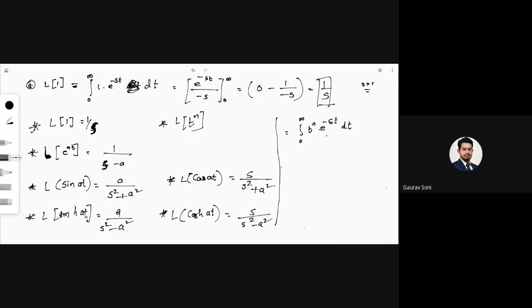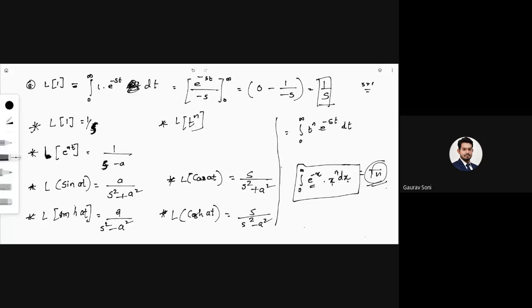Now, what is the gamma function? I'll just give you a brief introduction about it. Maybe you will see it in your bridge course. The integral of e to the power minus x times x raised to n dx, wherever this integration appears, its answer is gamma of n. So the definition is defined like this: the integration from 0 to infinity of e to the power minus x times x raised to n dx.